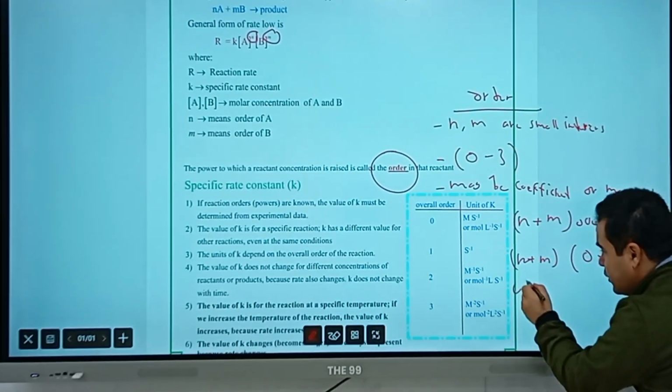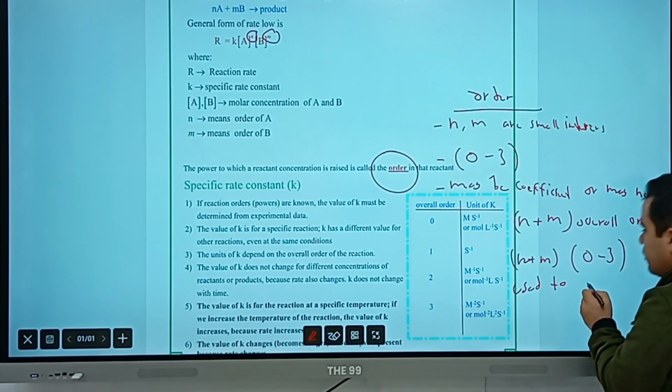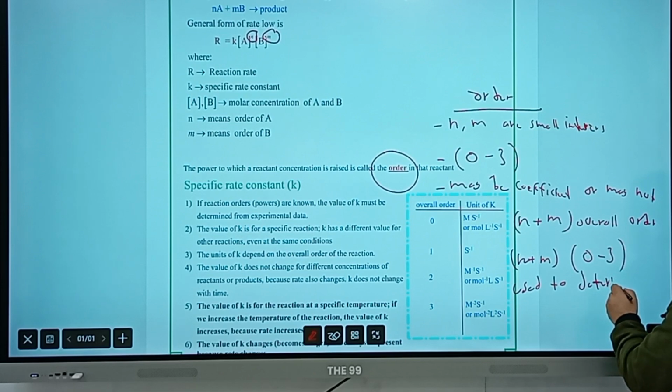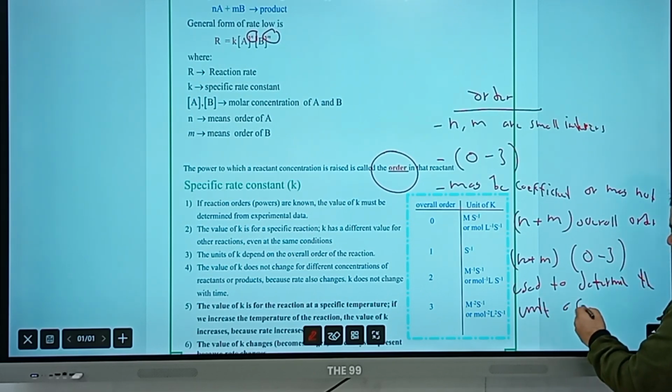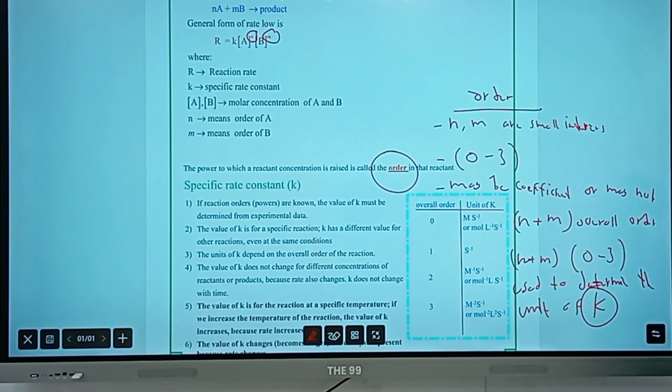N and M are used for what? The overall order, N plus M, is used to determine the unit of the specific rate constant, which we will be practicing.